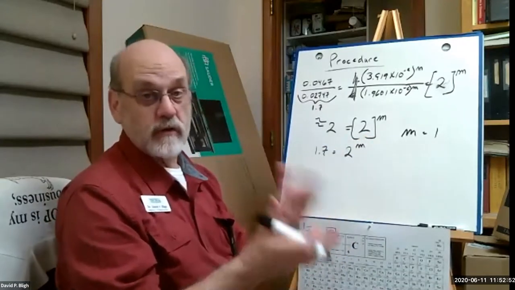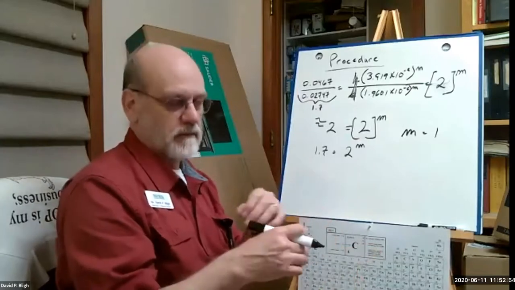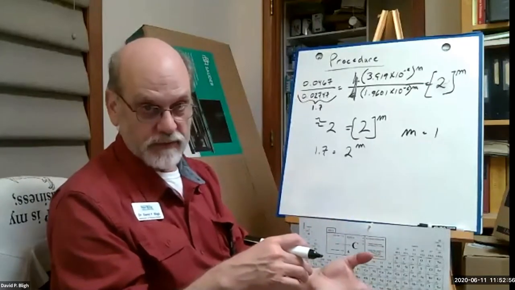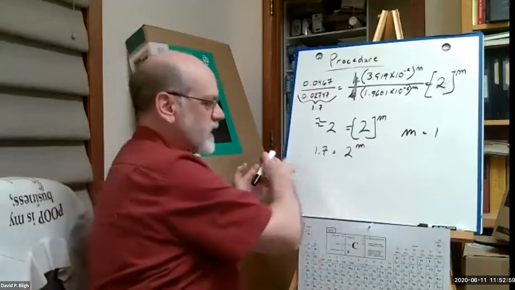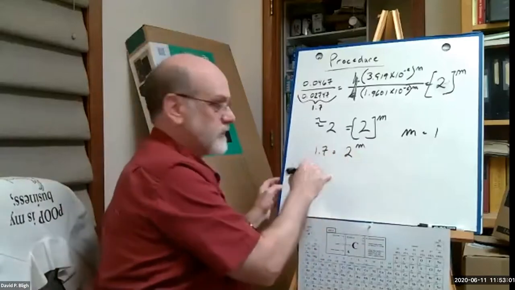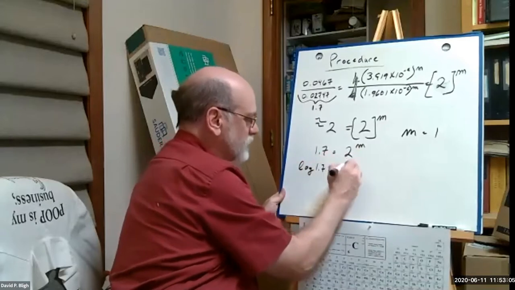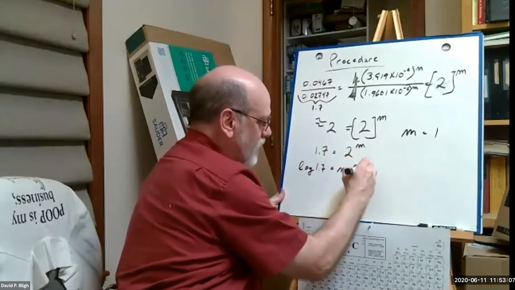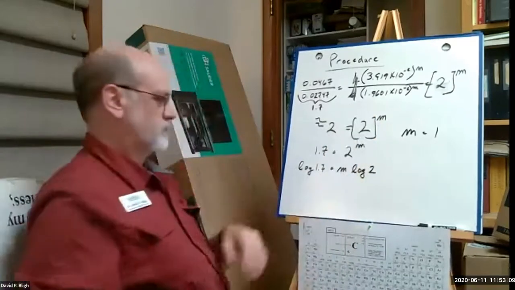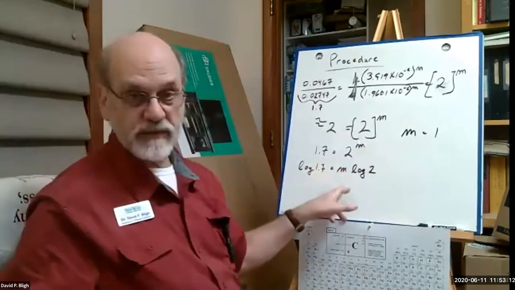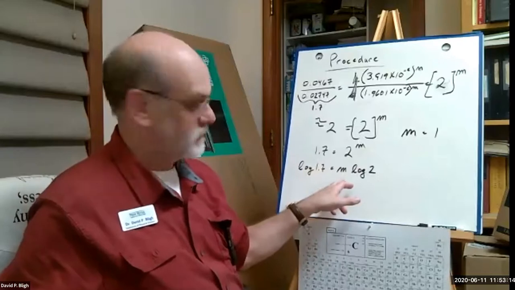The easiest way is to use logarithms. And I'm talking about common logarithms. So if we say, take the log of both sides. So the log of 1.7 equals m times the log of 2. Right? The power becomes a multiplier.